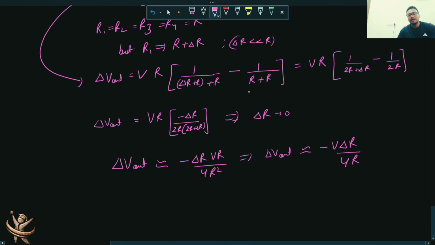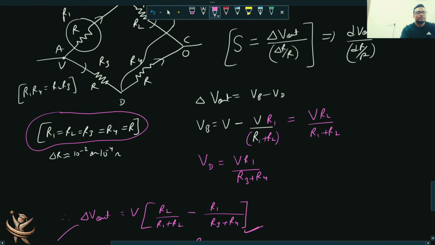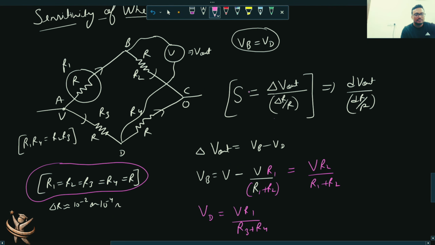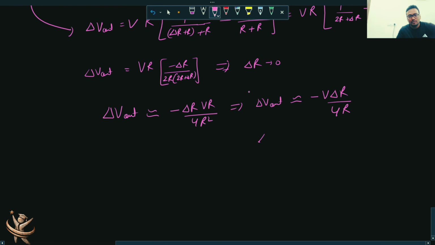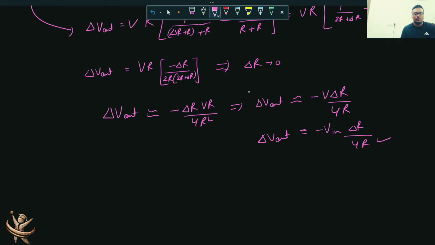What is this V? This is the input voltage, whatever voltage you are applying to the circuit. I haven't drawn this, but outside you are applying some voltage to the circuit, right? It is that voltage. So you can also write it as delta V out is equal to minus V in delta R by 4R.